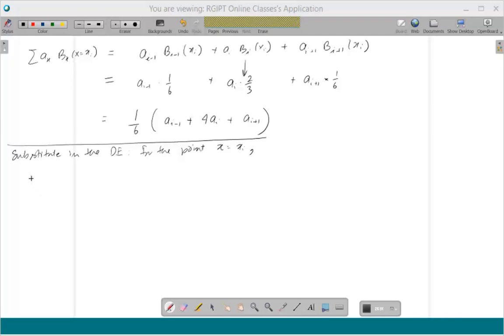I must have this satisfied, which is 1 by h squared (a_(i-1) minus 2a_i plus a_(i+1)) plus p of x_i, let me call it p_i essentially, which we already know. P of x is known to me, x_i is known to me. I can evaluate this term into the first derivative. And the first derivative had the form 1 by 2h (a_(i-1) minus a_(i+1)).